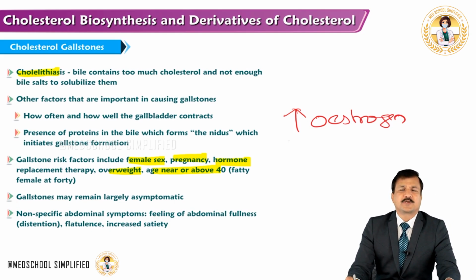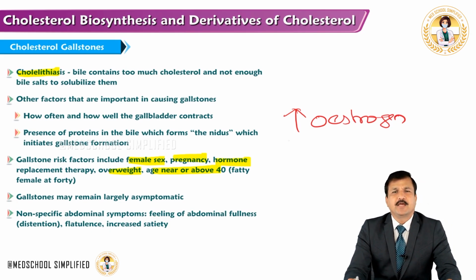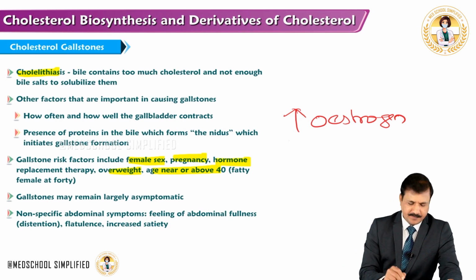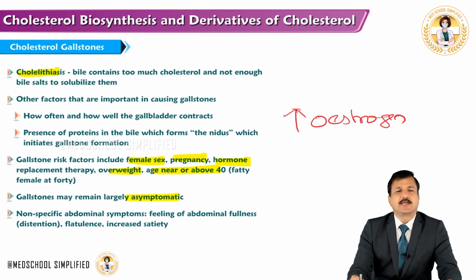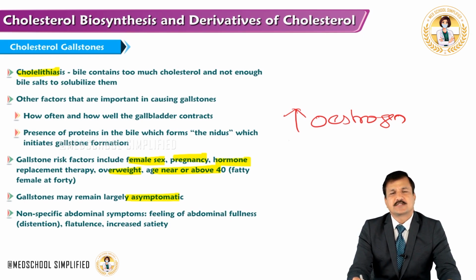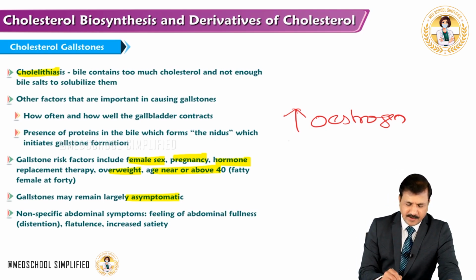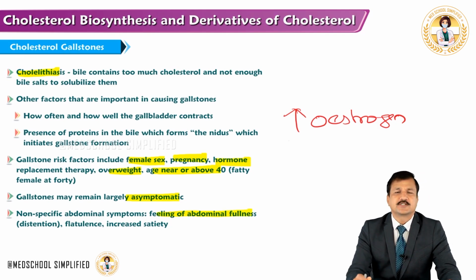Largely the stones present in the gallbladder remain asymptomatic. That means patients may not experience any specific signs and symptoms, although some non-specific signs and symptoms might be experienced by people having stones in the gallbladder. That can be a feeling of abdominal fullness or distension of the abdomen, especially after eating a meal.